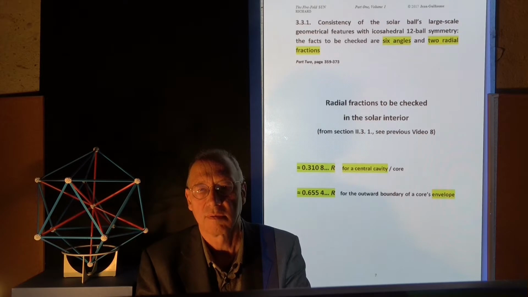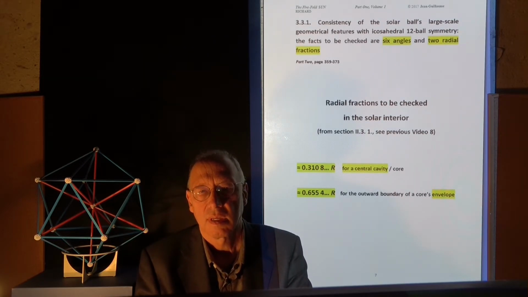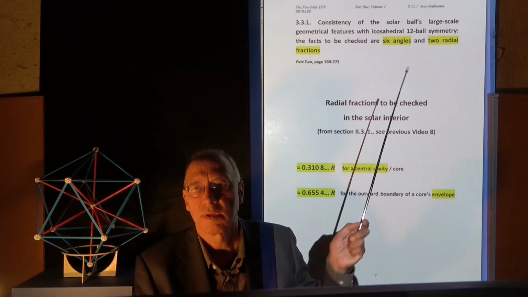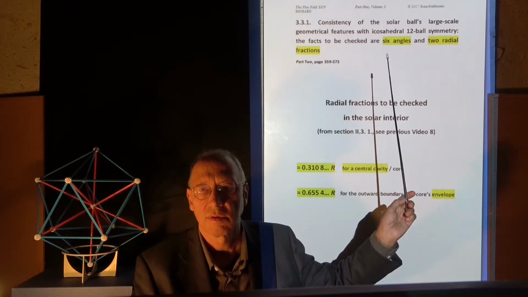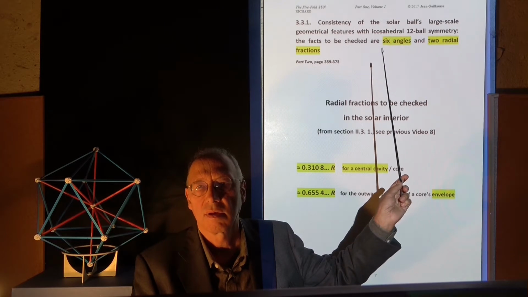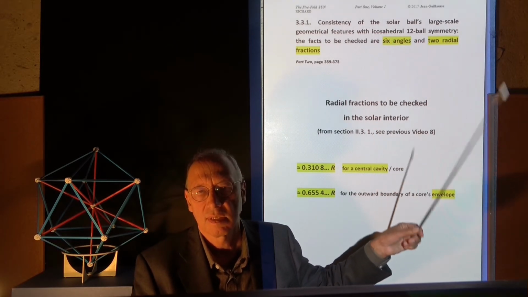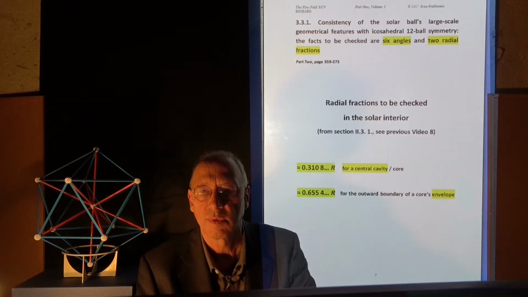and the geometry of this arrangement that we will then want to check by comparison with the solar ball and its actual phenomenology. These relevant parameters are two radial fractions that were already stated in video 8, and in the current video 9 we will then state the 6 icosahedral angles of interest in this arrangement.